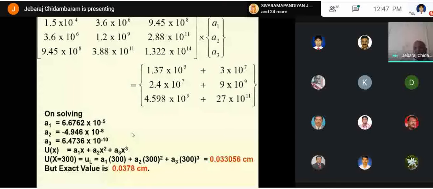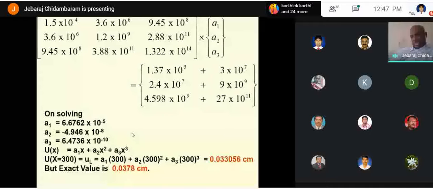I'm going to a higher-order approximation than cubic, and the solution is 0.03306. So you could see that there is an error.